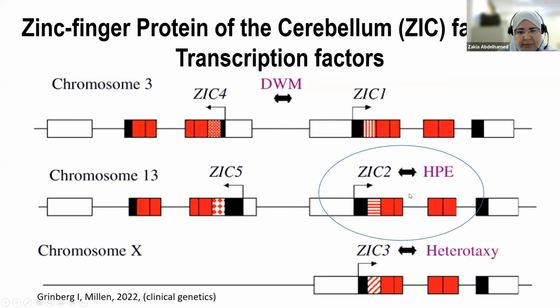ZIC2 causes holoprosencephaly, as I just showed. And ZIC3 is the most common cause of heterotaxy and congenital anomalies in humans. So the expression of them is overlapping but distinct at the same time, as evidenced by different human phenotypes that happen when any of these genes are mutated. ZIC5 has not been linked to any human condition so far.